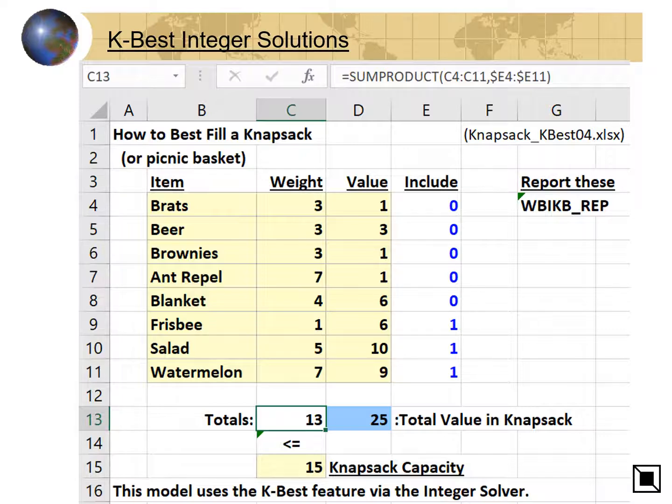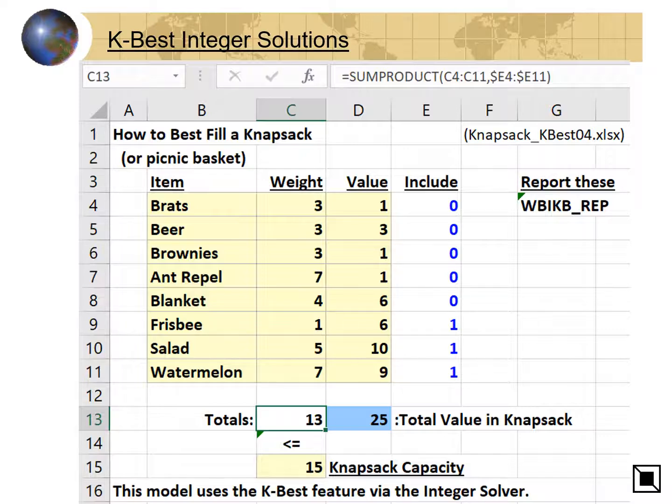In order to illustrate this approach, let's look at one of the simpler integer programs around, a knapsack problem. So you're going off on a picnic and you have to pack a knapsack, and you've got a little over half a dozen different items that you might pack in your knapsack. So what we've done here in the shaded area, the input data for the various items that we might put in the backpack, we've given their characteristics.